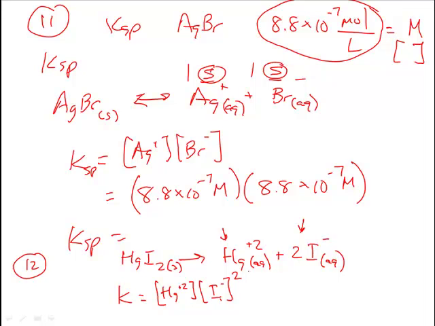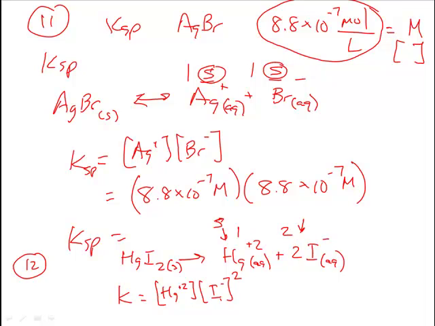Okay. Now, in this particular problem, it does give you the solubility. So it gives you the S. The problem is, if this is S, this one has what ratio? What's the ratio between the Hg and the I? 1:2.